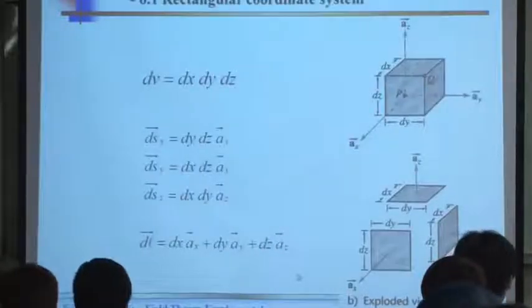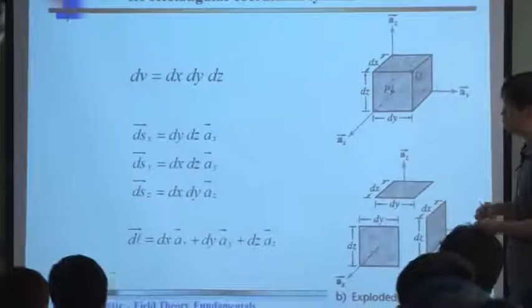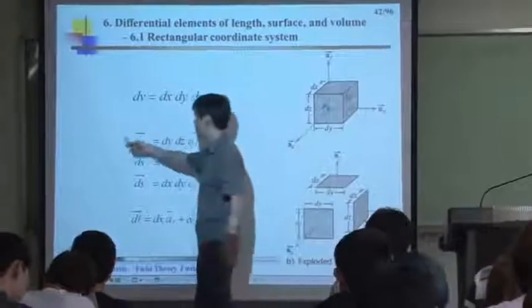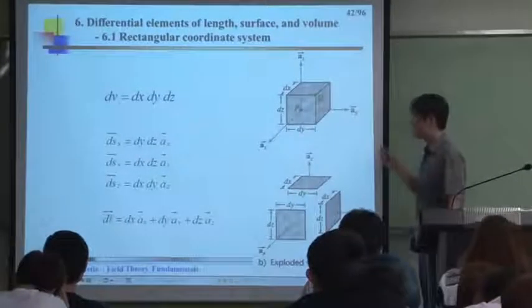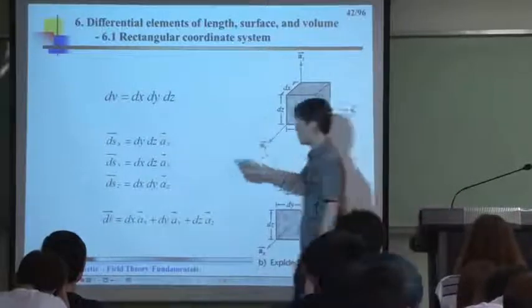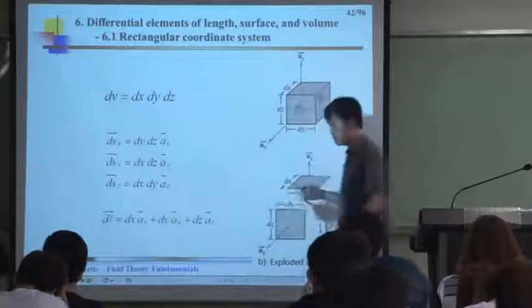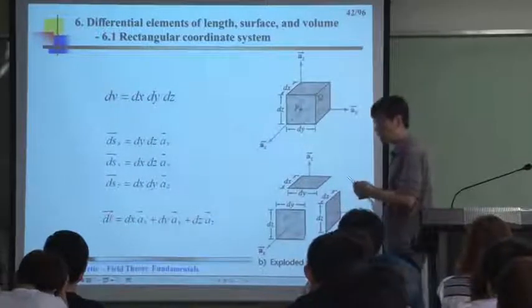Okay, and then the volume element and the length element and the area element. You studied these length elements in your high school math, but now we are talking about three-dimensional space.